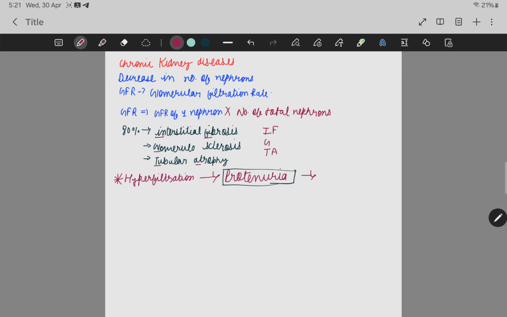Excessive proteinuria causes a tubular toxic environment, which leads to interstitial inflammation, and there is a release of TGF beta.